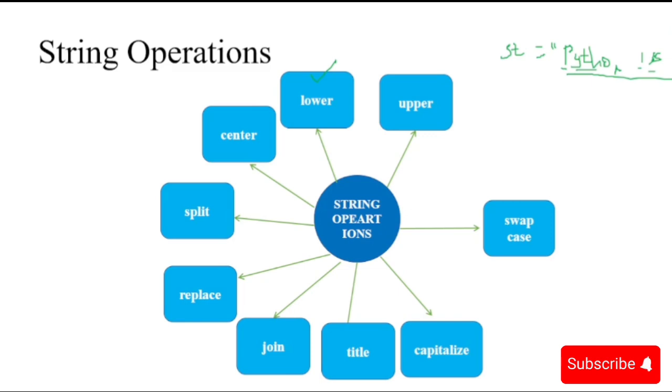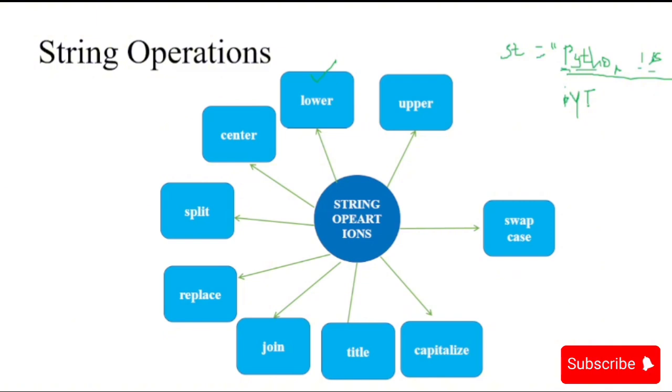And then we have swap case, where we swap the case of each character in the string. Where we have uppercase, we swap to lowercase, and where we have lowercase, we swap to uppercase. That is the swap case string operation.